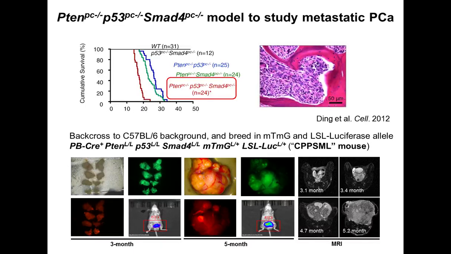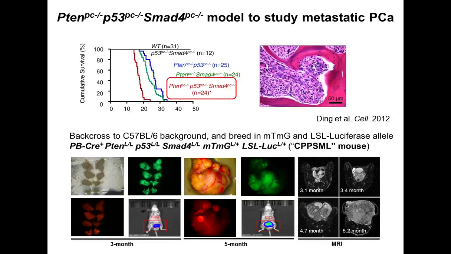We chose this model because it develops very aggressive prostate adenocarcinoma, with metastasis to lung, lymph node, and occasionally bone. And also because of p53 deletion, this model potentially harbors more somatic mutations that can potentially agitate adaptive immunity. So that's the basic idea of why we chose this model.